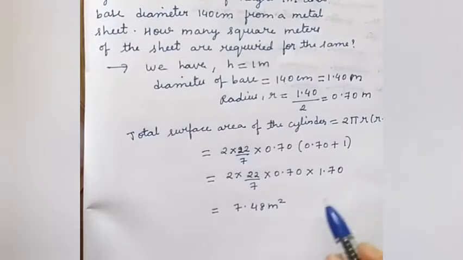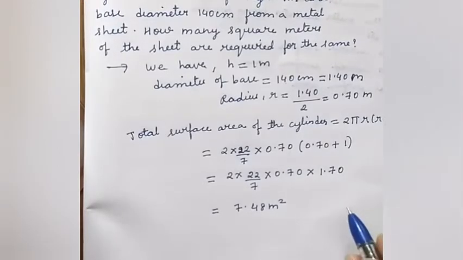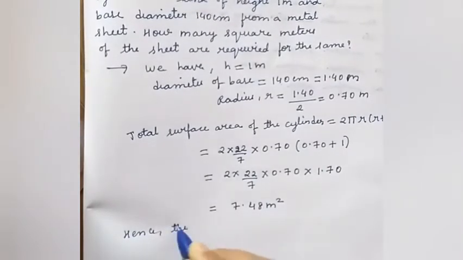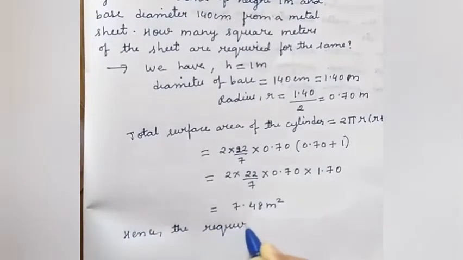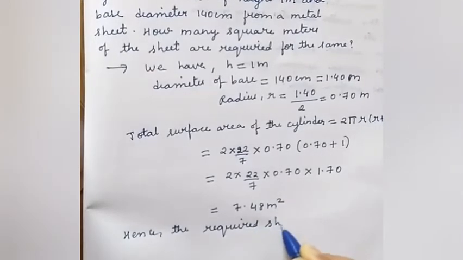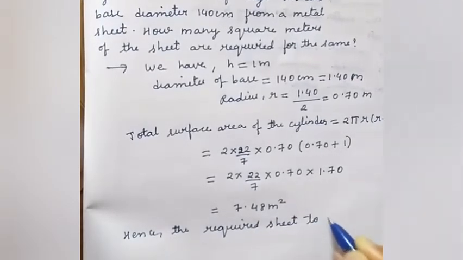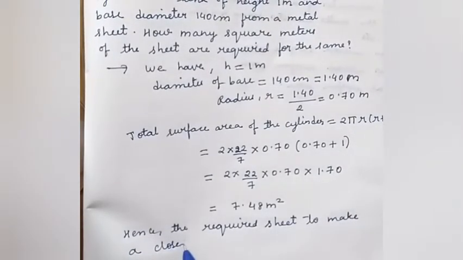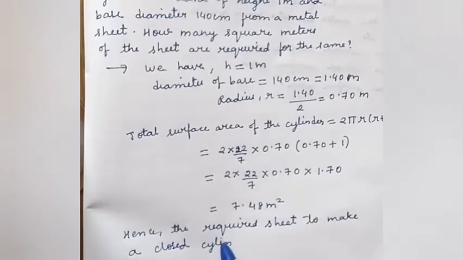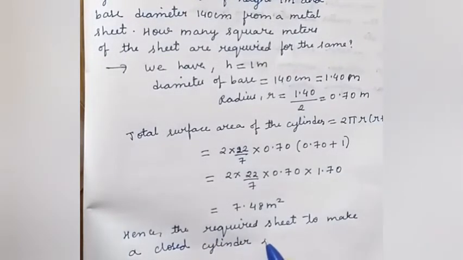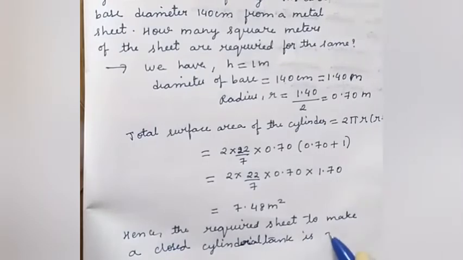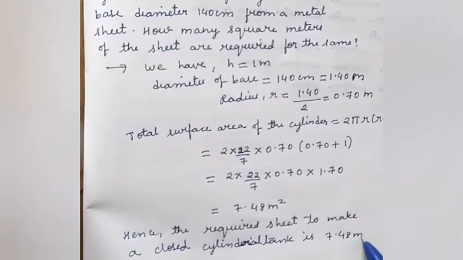So we are getting here total surface area of the cylinder is 7.48 meter square. Hence we can conclude the required sheet to make a closed cylindrical tank is 7.48 meter square.